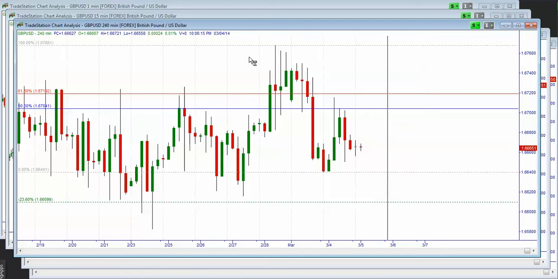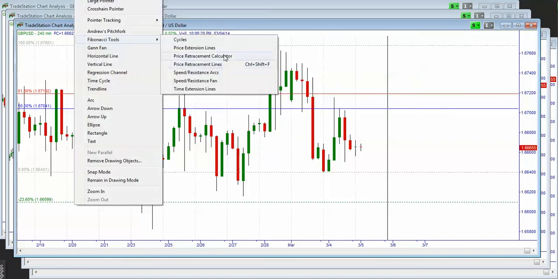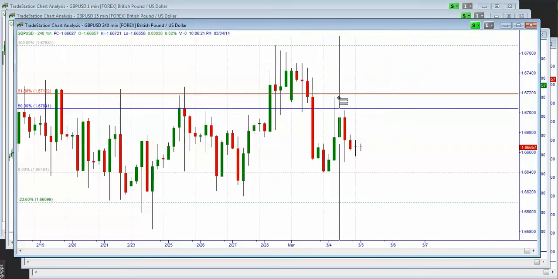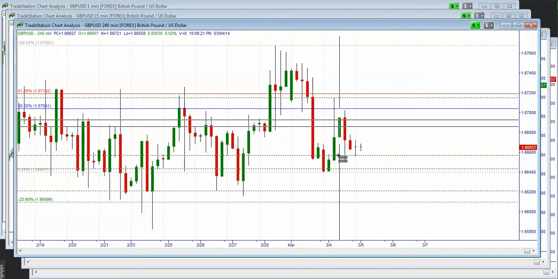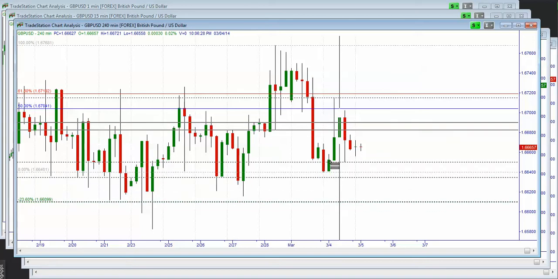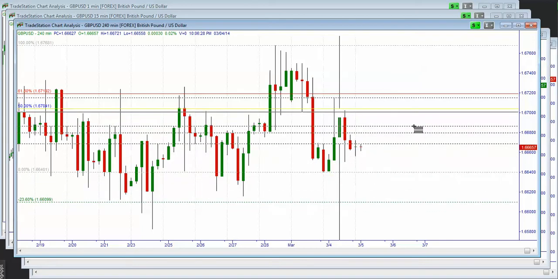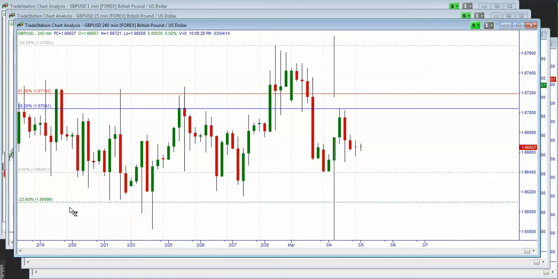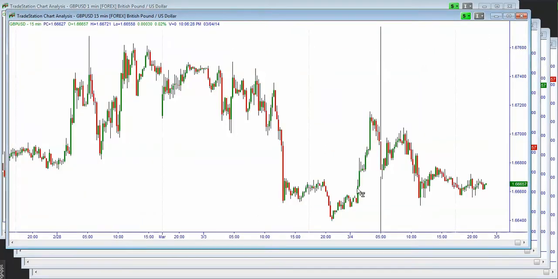You still could actually be in this trade, and there is now a possibility for this market to retrace all the way halfway back here before a continuation lower. Just want to show you on the 15 minutes how you could actually time this trade.